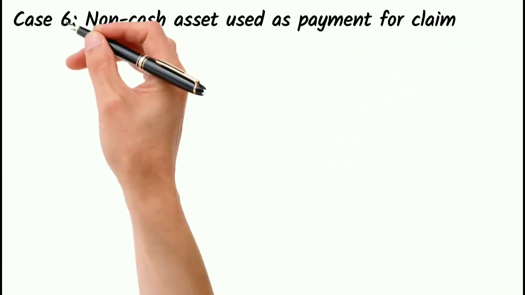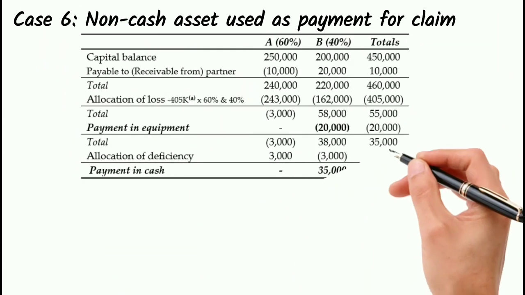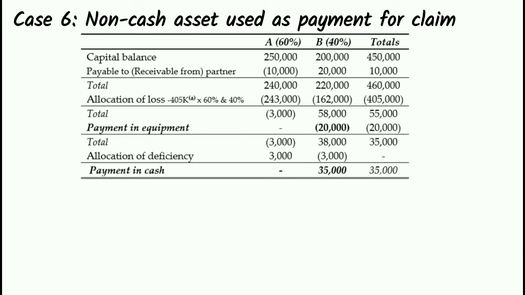Dito sa case 6, ang i-compute natin ay yung total payment to be in cash and in kind. Ang capital balance ni A ay 250,000 pesos at ang capital balance ni B ay 200,000 pesos for a total of 450,000 pesos.